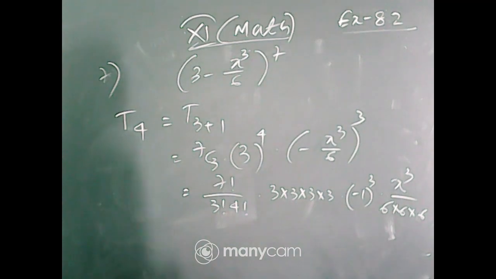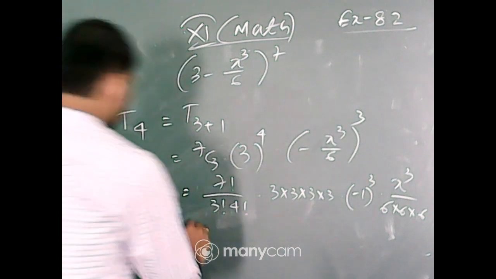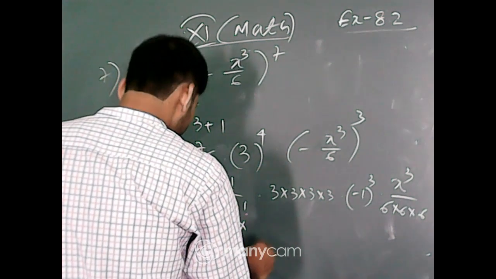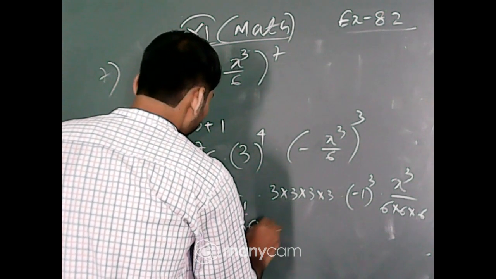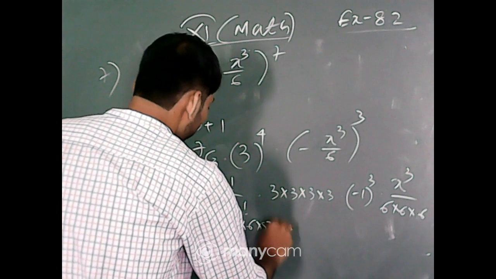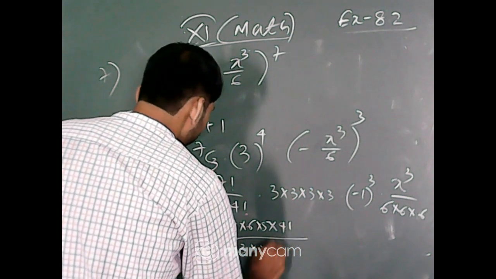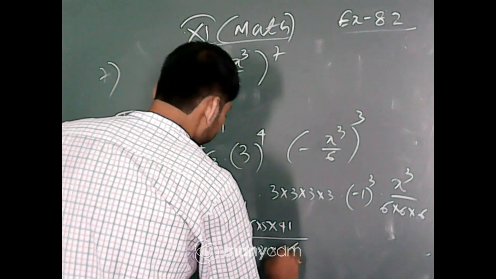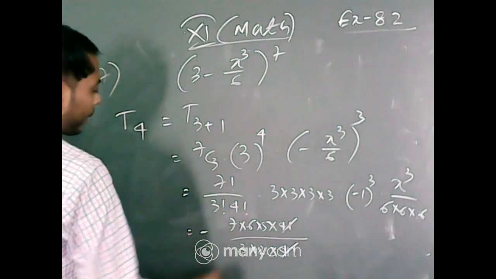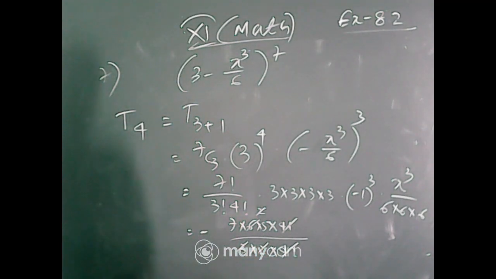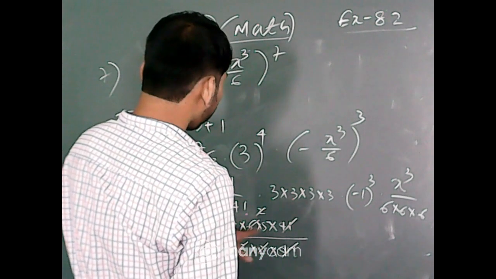Minus 1 to the power 3 means there will be a minus at the beginning. Then 7 into 6 into 5 into 4 factorial will be cancelled out, over 3 into 2 into 4 factorial. After cancelling 6 by 3, it will be 2 and then it will be cancelled out. So it will give you 7 into 5, 35.